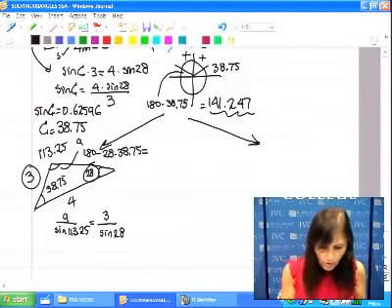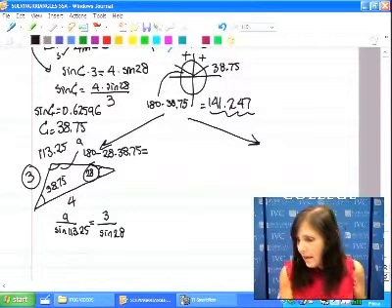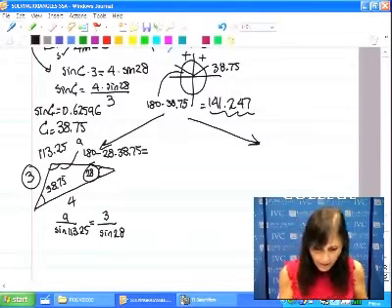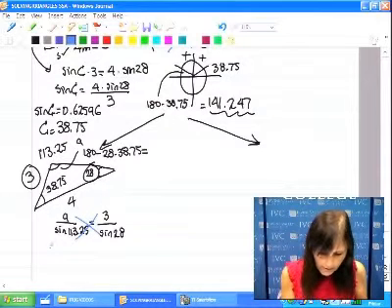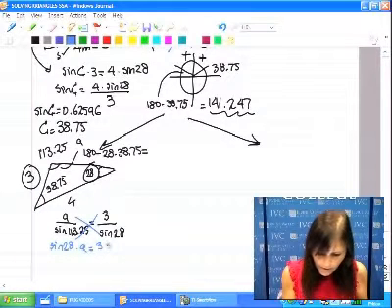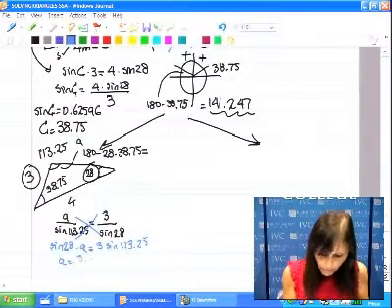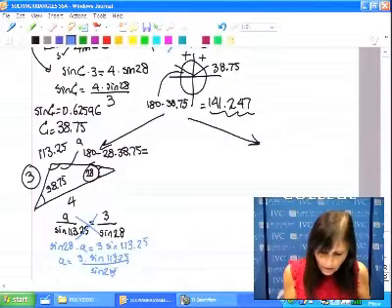Okay, so let's get that. I will get crisscross: sine 28 times A equals 3 times sine of 113.25. And that'll give me A equals 3 times sine of 113.25 over sine of 28.